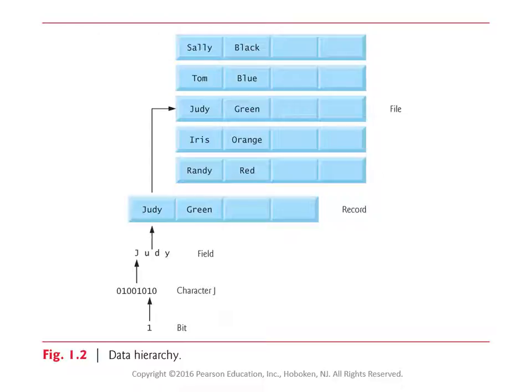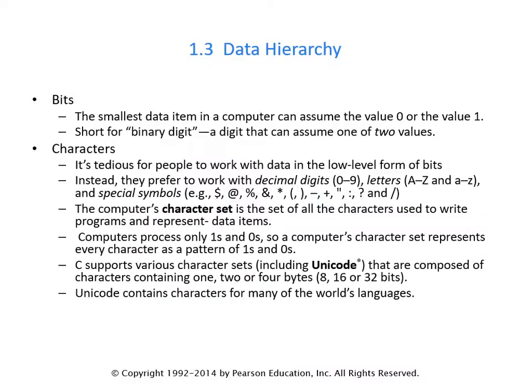And Judy, as a string, has 5 characters in her name. So we've got a file, 1 record has 2 fields, each field has a string, and each character in the string has a character code. We'll get into more detail on how this works.